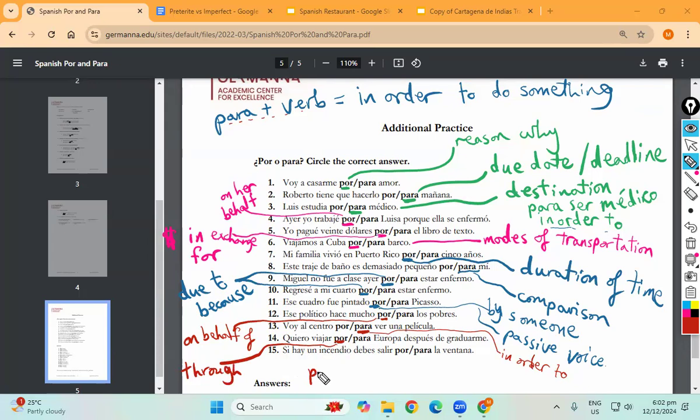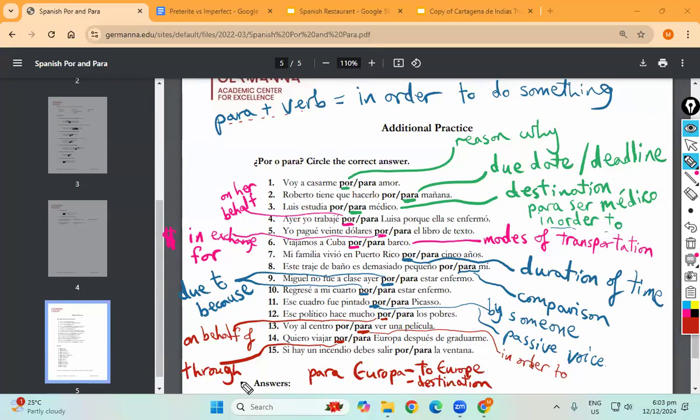So if I want to say para Europa means to Europe, right? But the emphasis is on I'm going to be passing through it like from country to country. Right? Para Europa is the destination. So it's not that para would be wrong, right? It would mean something else.